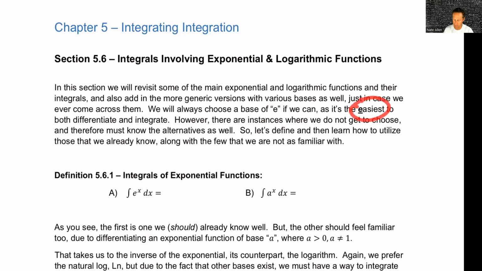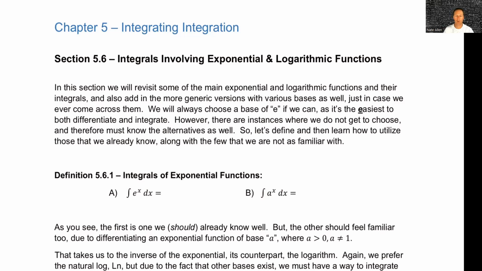Those were by far the two easiest to do. So we will break these down into two different definitions, the e and any base to a power. We'll talk about those exponential functions and what their antiderivatives or integrals are, and then we will move on to the logarithmic as well. And that's it.